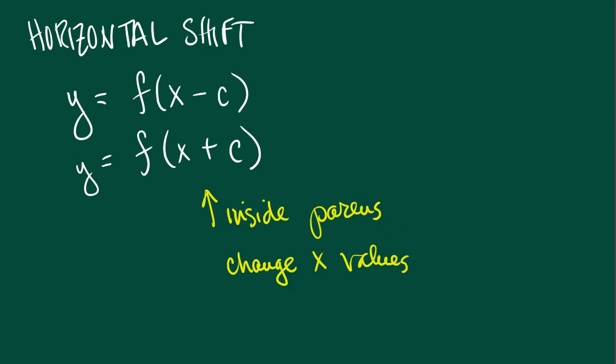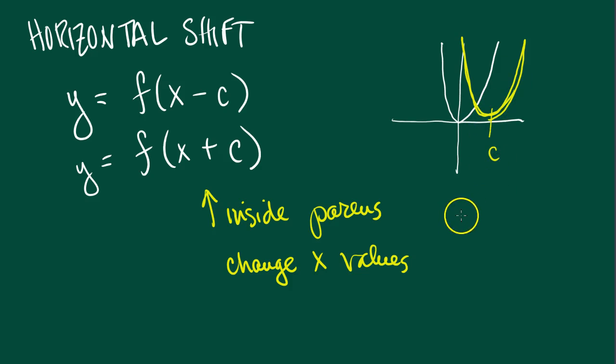So, suppose that we started with a graph like this one that we started with before. If I want to move it sideways, well, you might think that instead of x squared, let's call that c, that this is x squared plus c. I'm sorry, x plus c squared. It isn't.